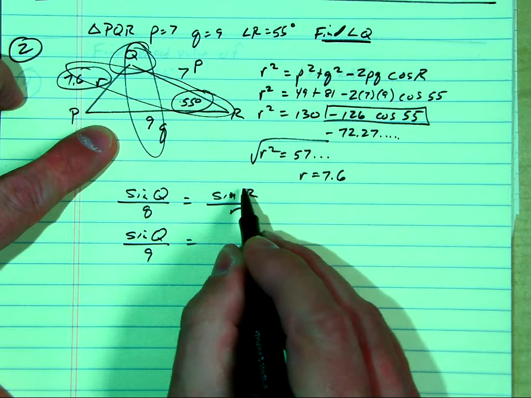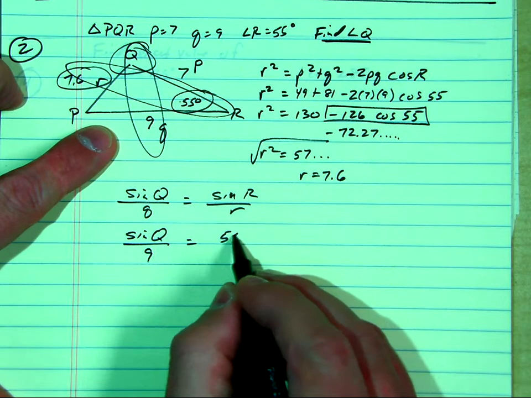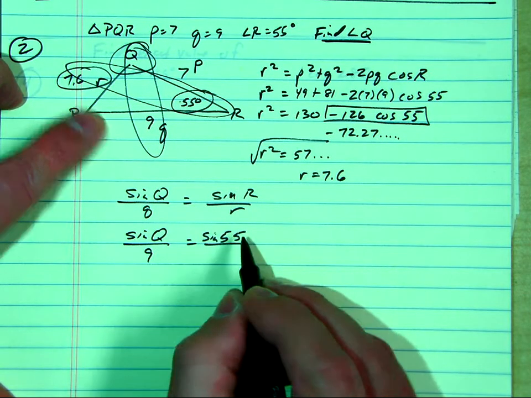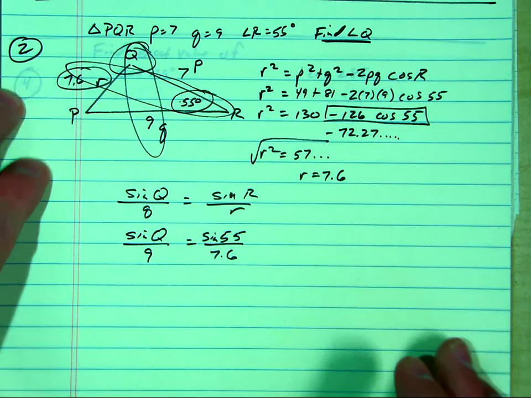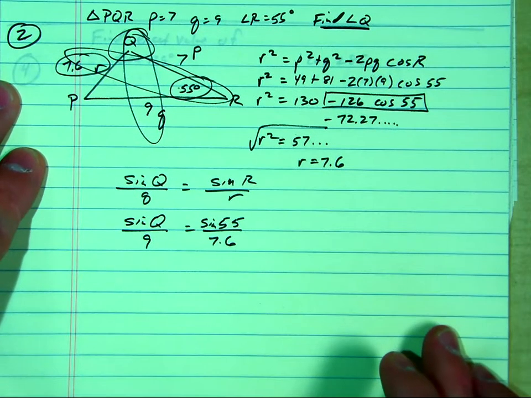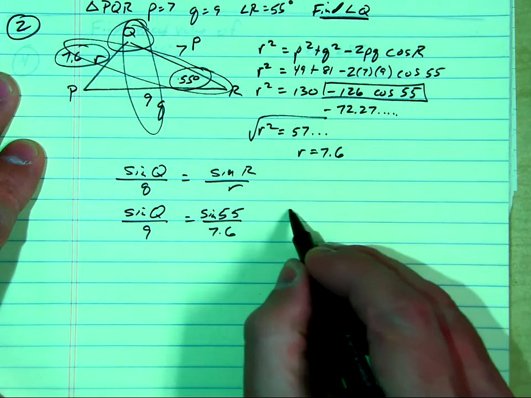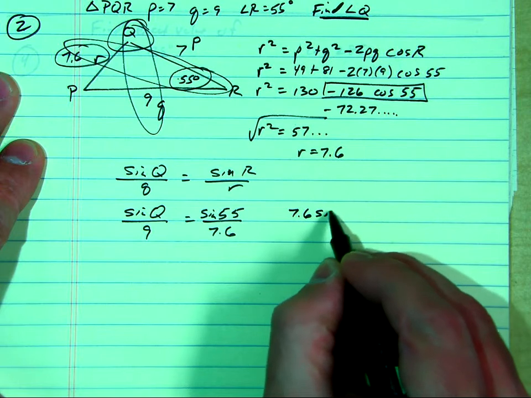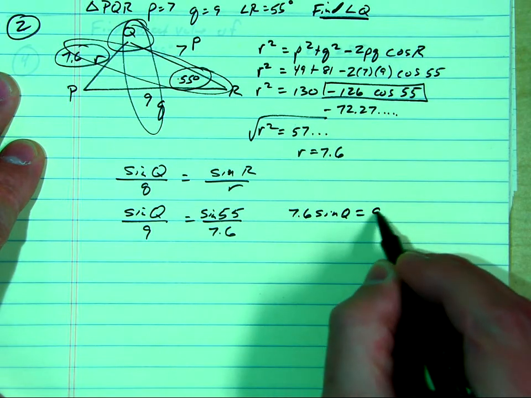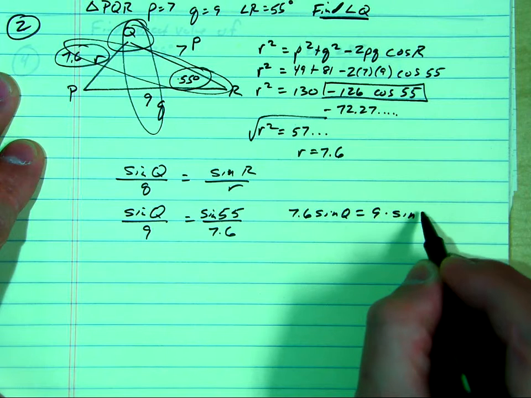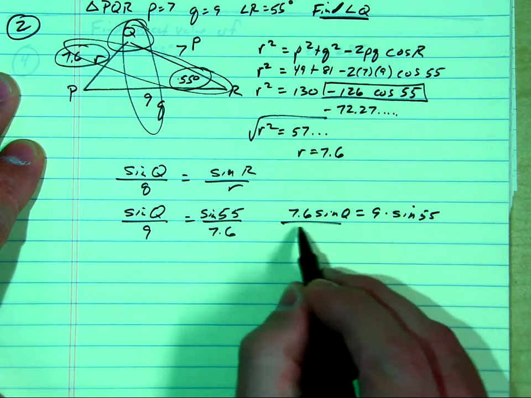Sine of r is sine 55 over little r 7.6. And this becomes just like the problem we did above. Everybody with me? Yes. Cross multiply: 7.6 sine of Q equals 9 times sine of 55.